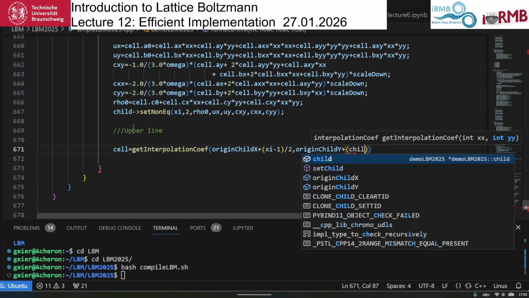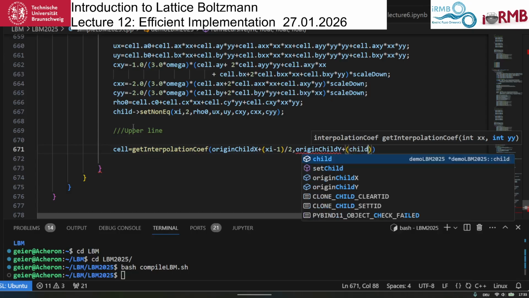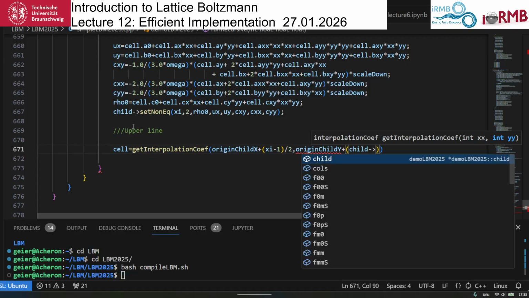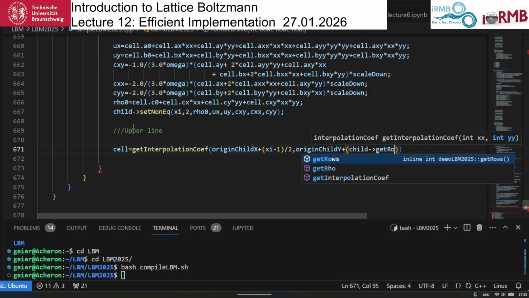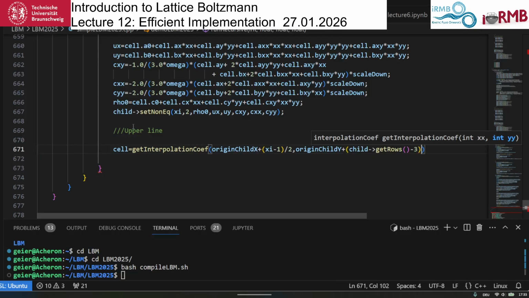This is from the child, so child get rows, and there we have to subtract 3 and divide by 2. This is what I figured out after a few wrong iterations.